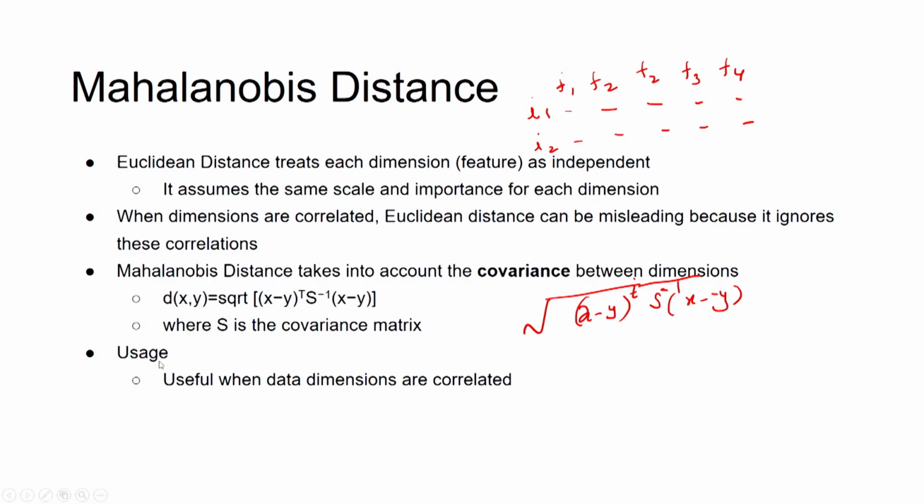Generally we use this distance metric when in your data set your features are correlated with each other, or you can say your dimensions are correlated with each other.